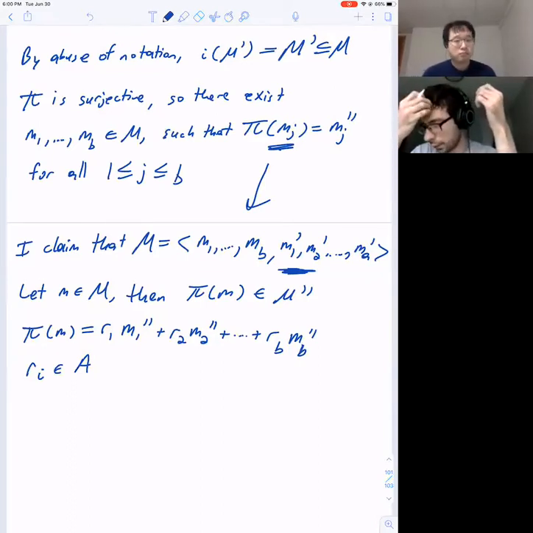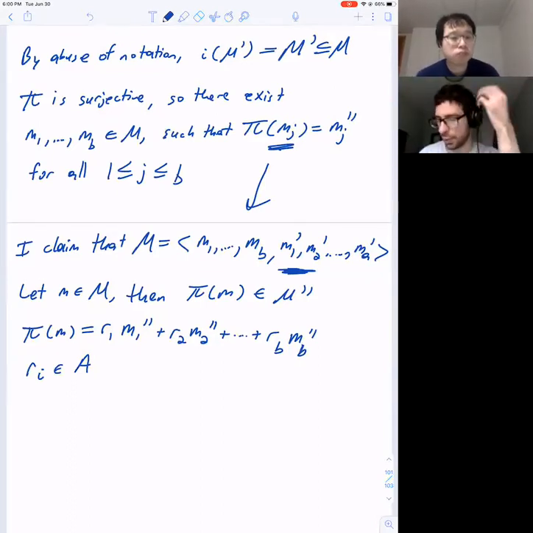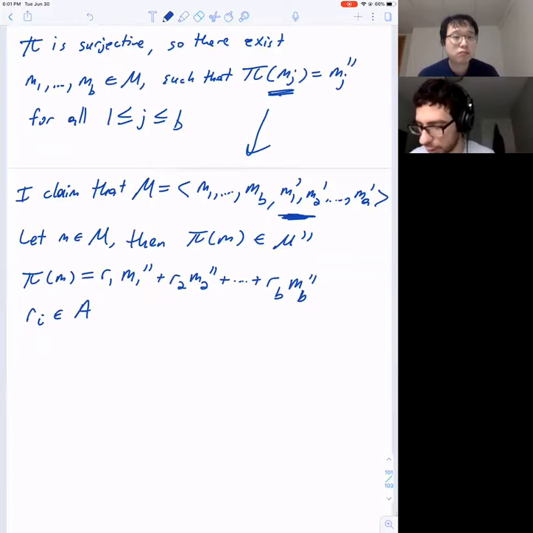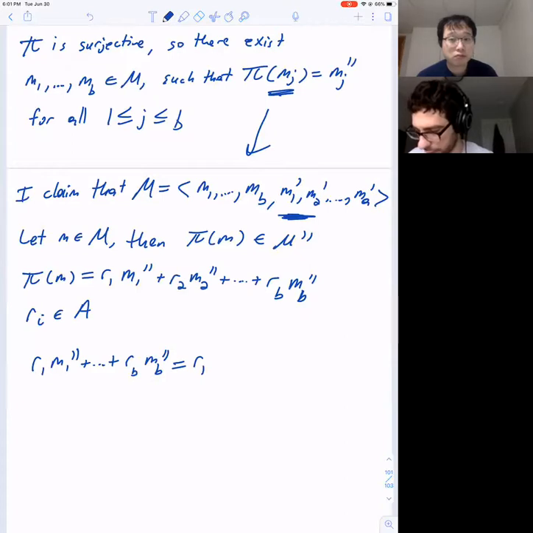So we have this because M1, M2, up to MB double prime make a basis for M double prime.